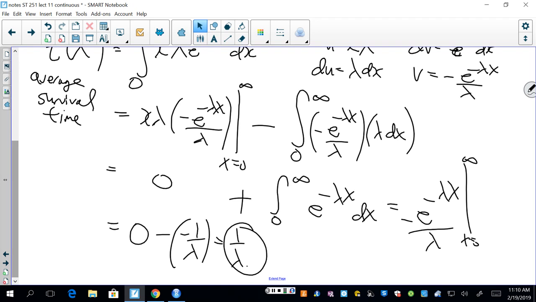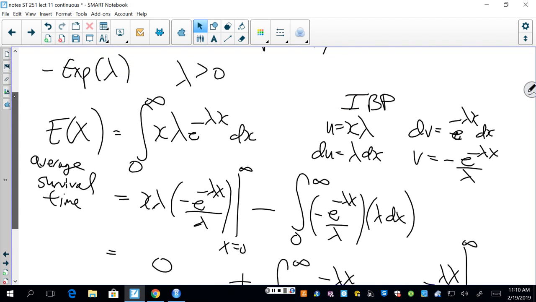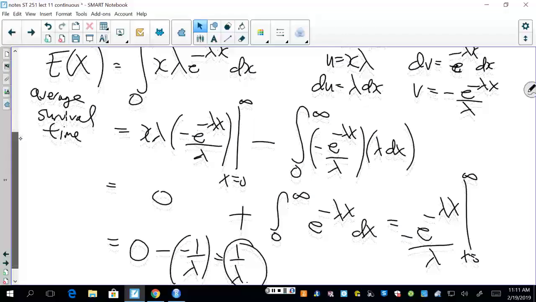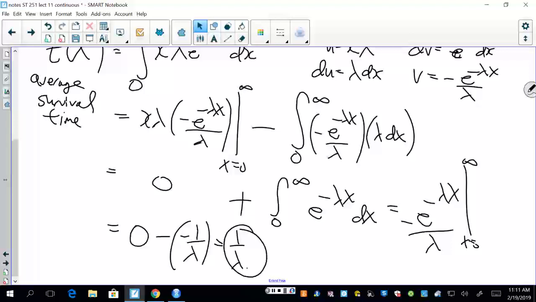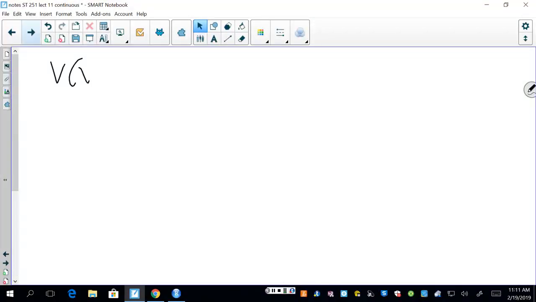Any questions? This particular example used a little bit more techniques from calculus. In other times we'll have things that are polynomials, and it's not as hard to do.